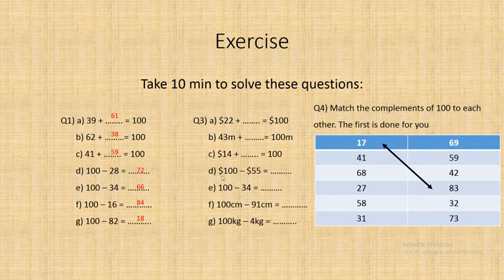Question number 3 is going to be the same thing, the same strategy, but with units. Like here, it's $22 plus something equals $100. So by the way, there is a common mistake here that you can add 22 plus 88 is going to be 100. No, this is wrong. Because if you add 8 to the 22, it's going to be 30.